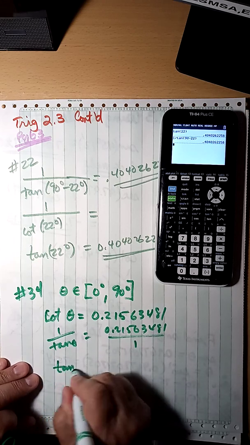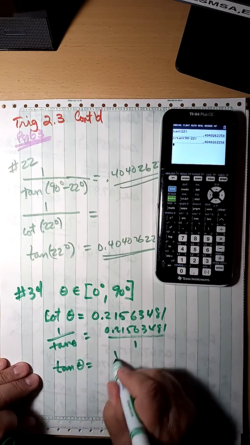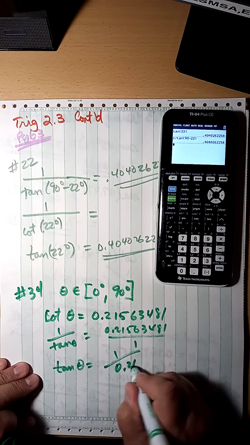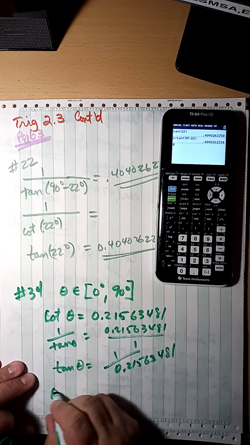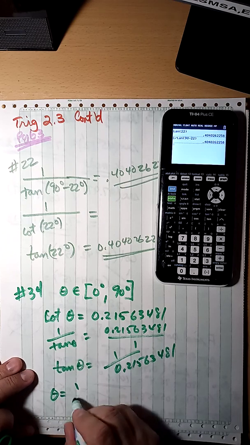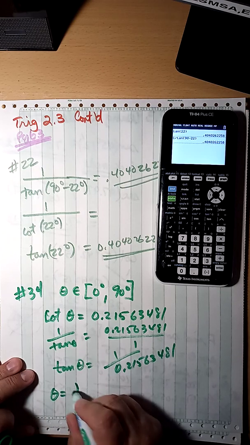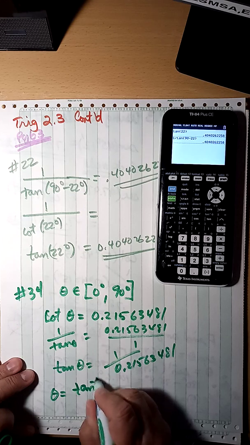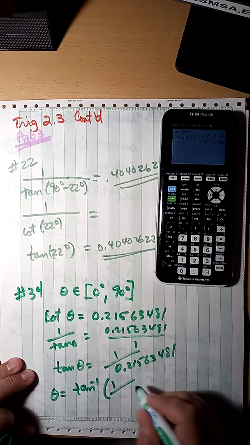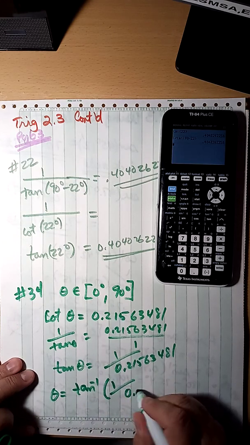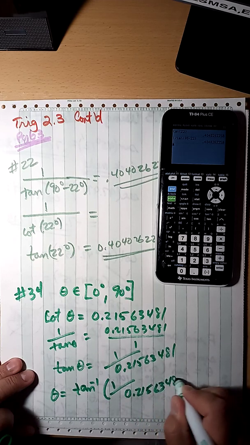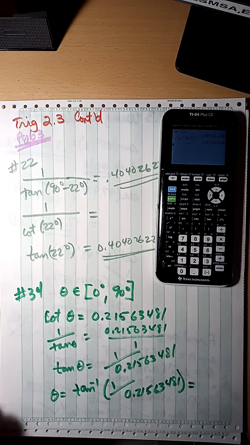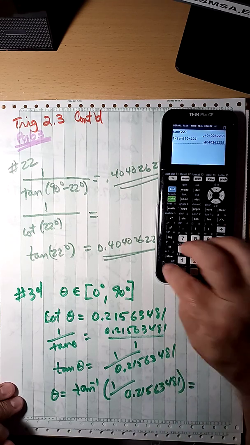So the tangent of theta is 1 over 0.21563481, and theta is the inverse tangent of 1 over 0.21563481. Let's see what that is when we put that in.